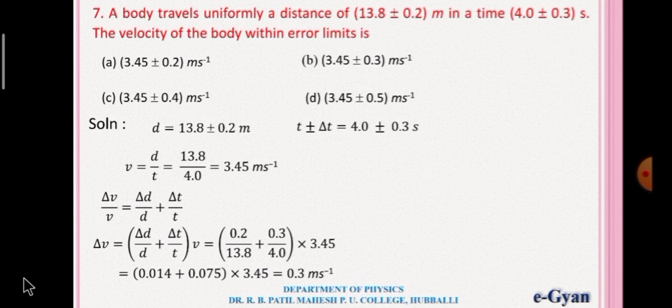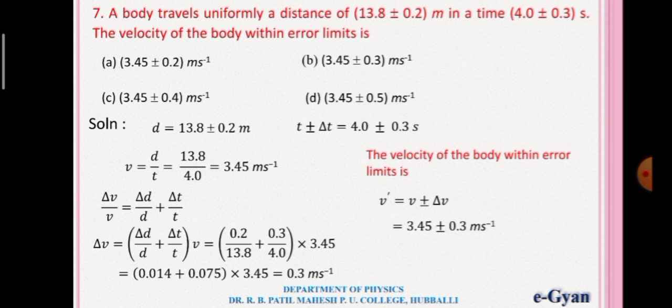Hence, final result can be expressed as V dash is equal to V plus or minus delta V, that is equal to 3.45 plus or minus 0.3 meter per second. Okay, this value will match with option B, hence option B is correct answer.